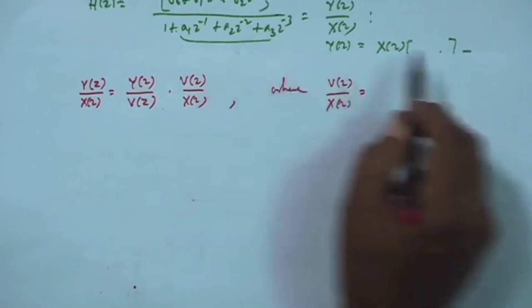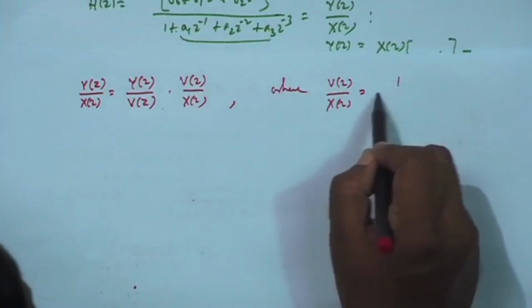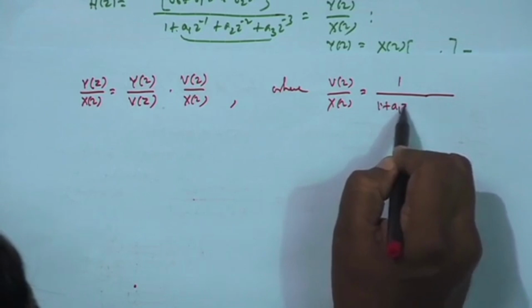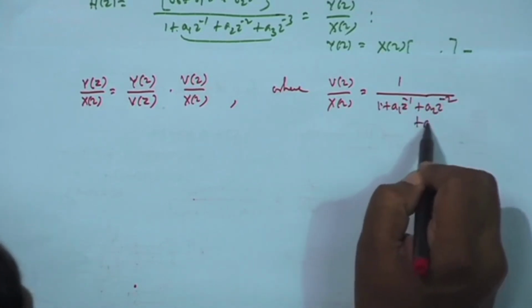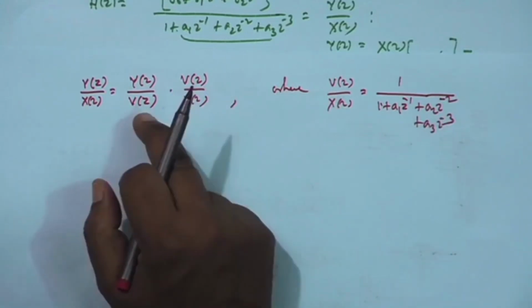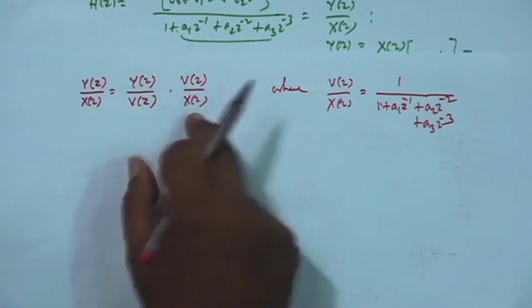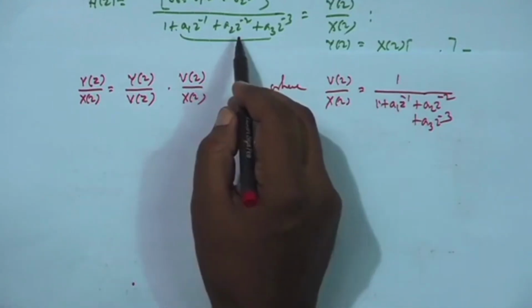I take to be, I now first deal with poles. So, 1 by this part. So, I have introduced a new variable V(z), V(z) and V(z) cancels, you get Y(z) by X(z). Where V(z) by X(z), this ratio I take to be 1 by this.